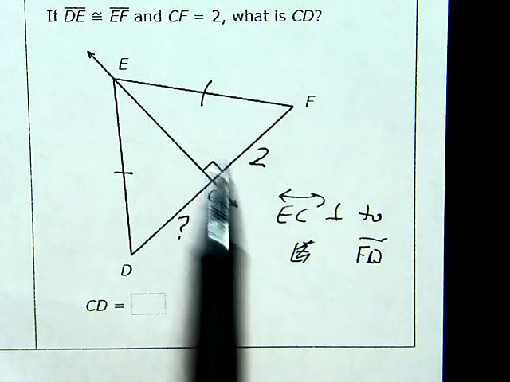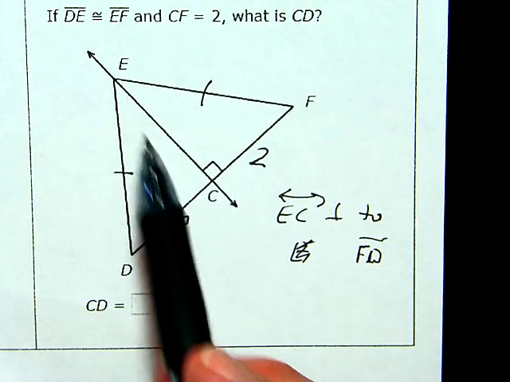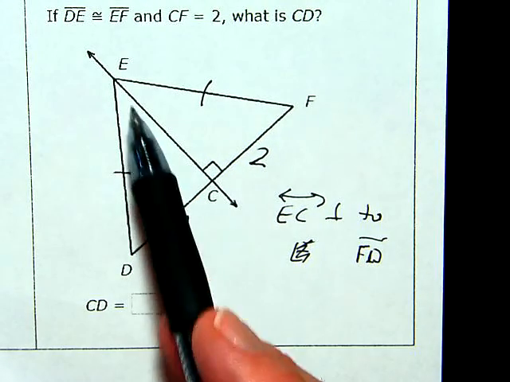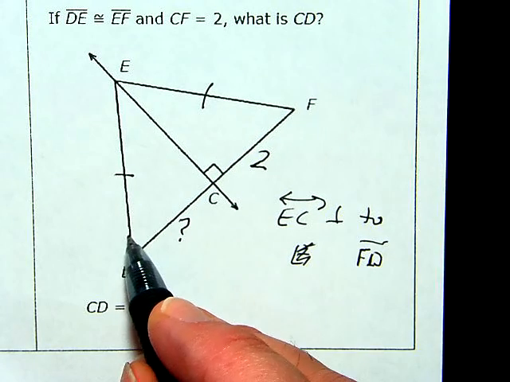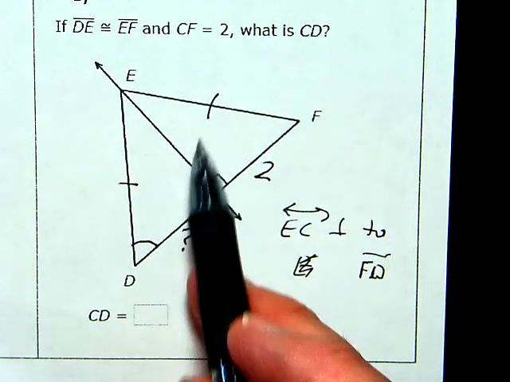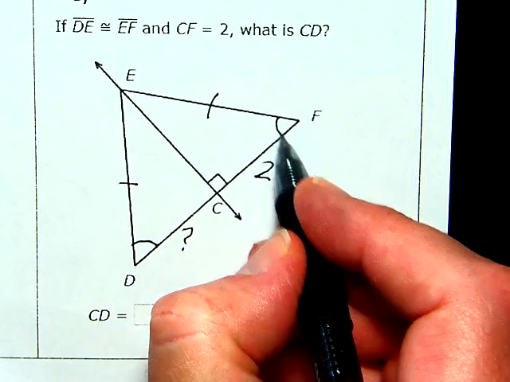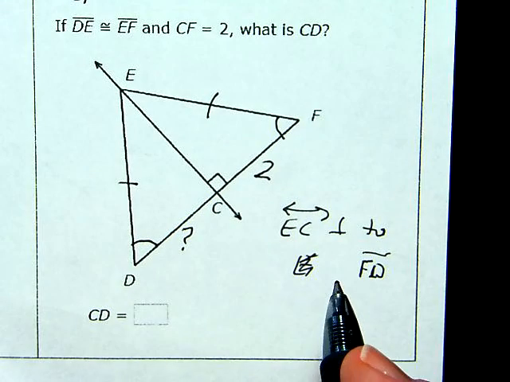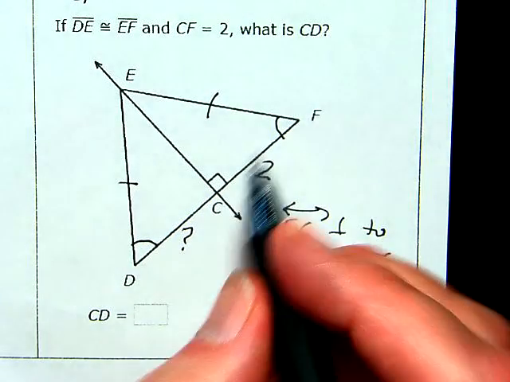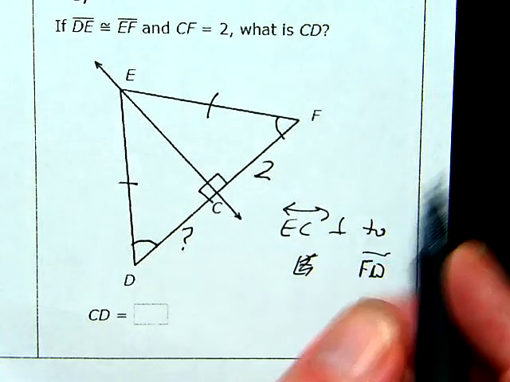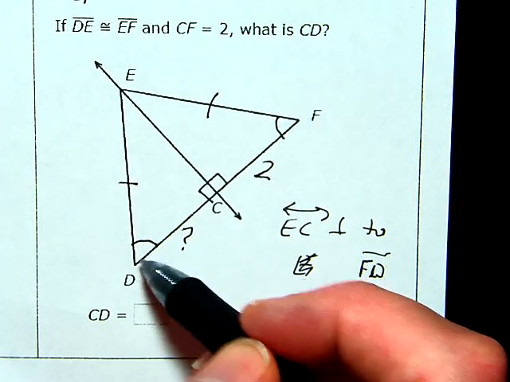But we have a side, and because the larger triangle EFD is isosceles, we know that the base angles opposite the congruent sides, which are the base angles D and F, those two angles are going to be congruent as well. And since this other angle here is also a right angle, again, we've got angle, angle, side.